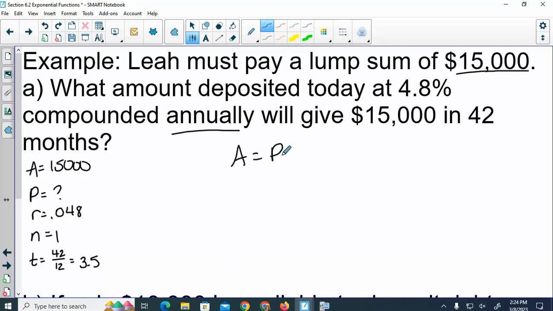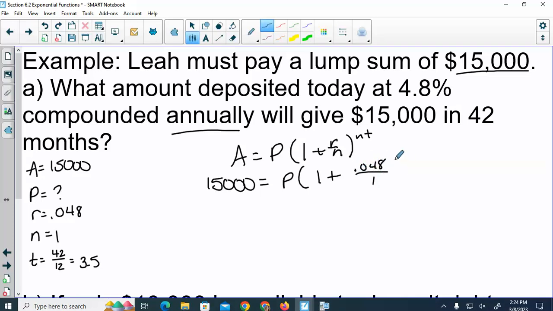Using our formula, I'm just plugging in my variables.